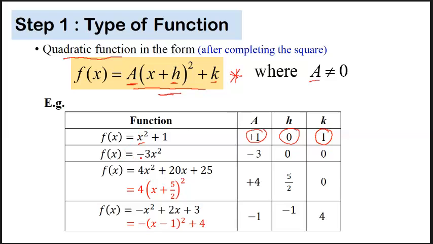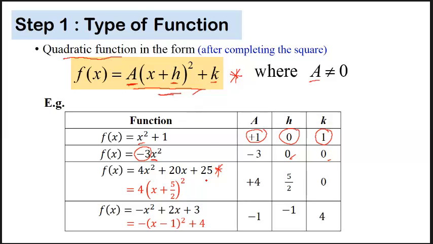The next one, f(x) equals negative 3x squared. You can see that negative 3 corresponds to a. The h is 0. The k is also 0 as stated. For the third one, f(x) equals 4x squared plus 20x plus 25. Initially, this function is not written in the form that we require.